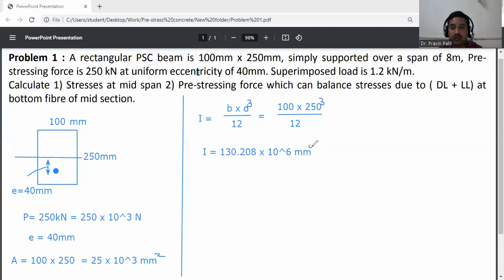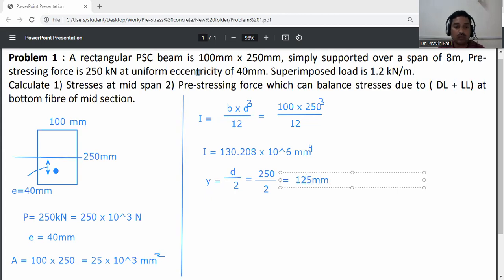Now y is equal to the center of gravity, y is equal to d by 2. d is the depth, 250 mm, so 250 divided by 2 is 125 mm.